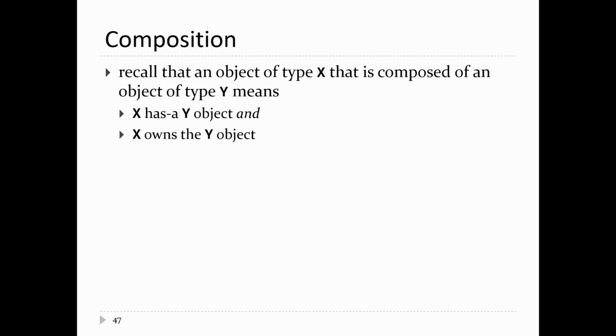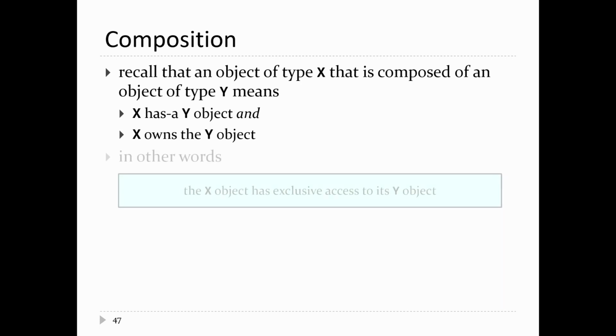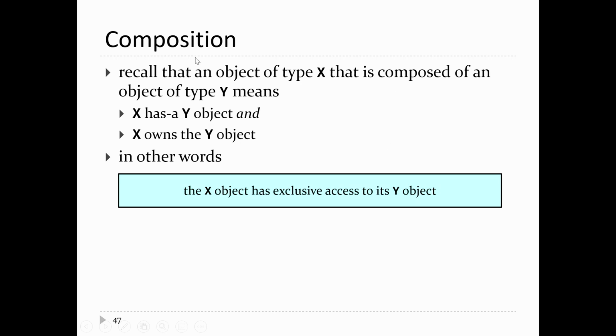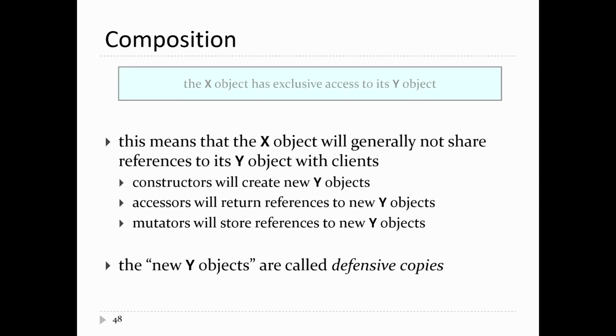Furthermore, every X object owns its own Y object, so we need to ensure that our class X has exclusive ownership over that Y. That's the point of today's lecture: we're always going to try to ensure that that blue box is always true. Now, what does it mean for that blue box to be true?